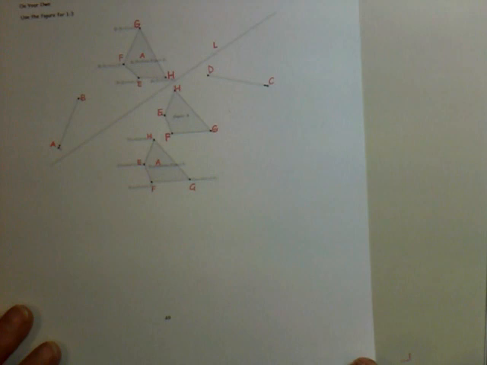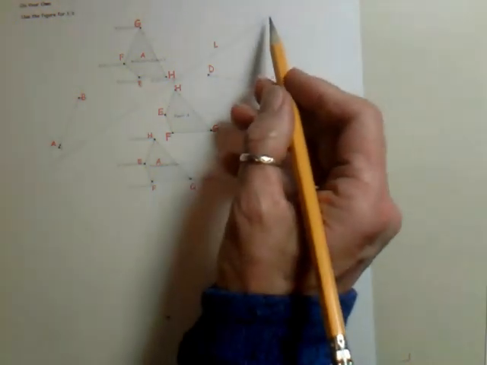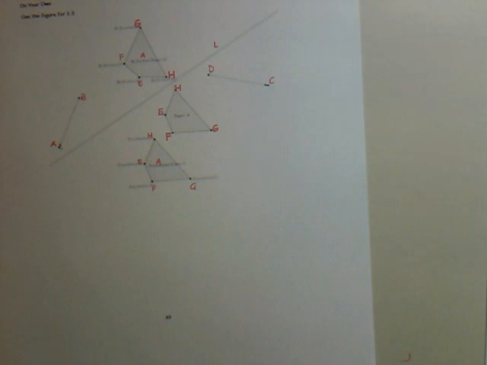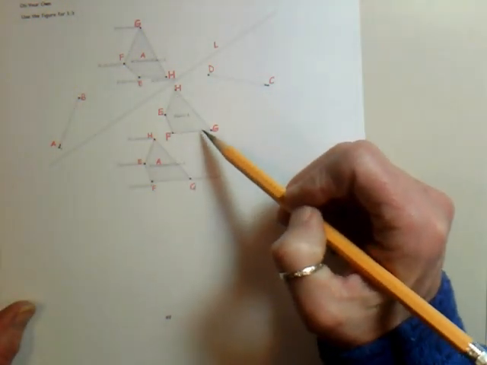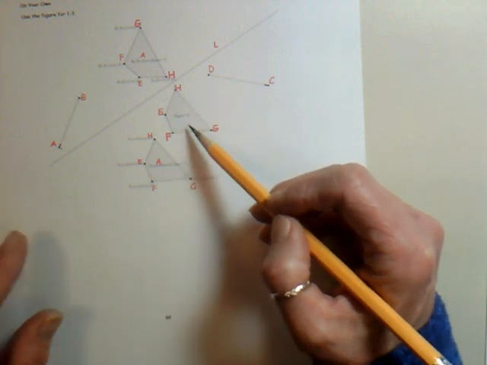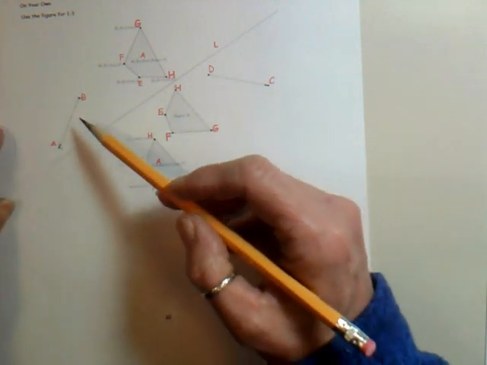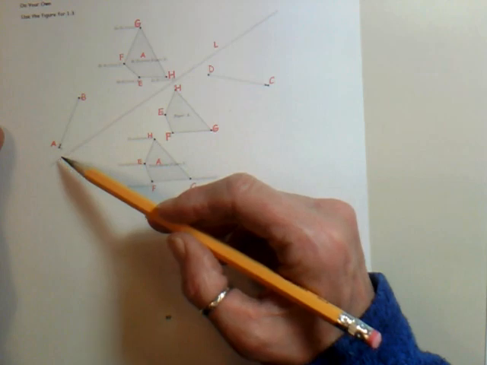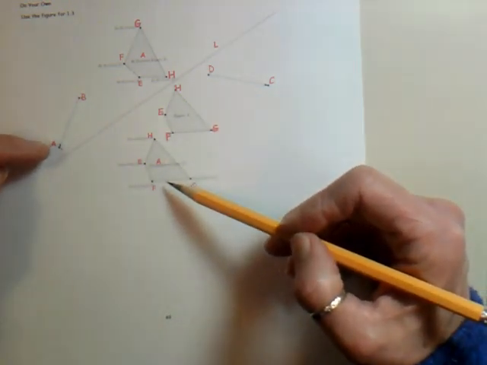We're going to go on to the next section, and we will be using this figure to answer some questions. What we've got here is a line of reflection, and we have figure A, and then we have the translation of figure A along this vector BA, and so that has moved it down.